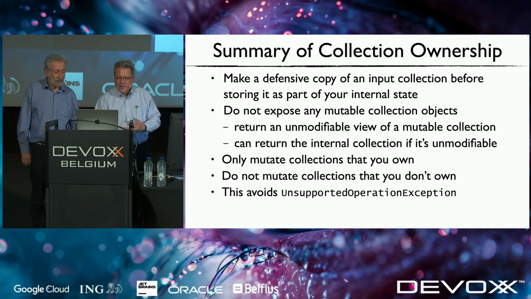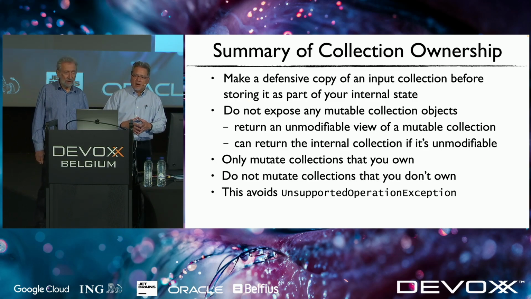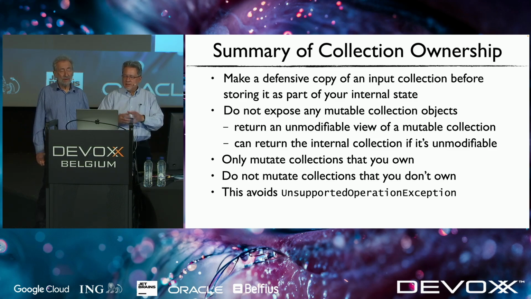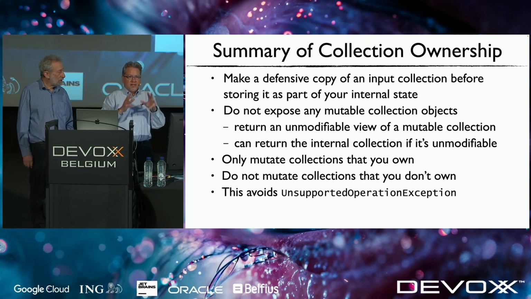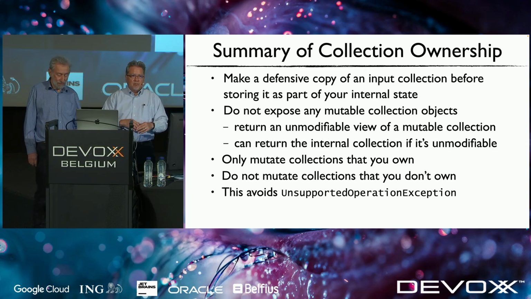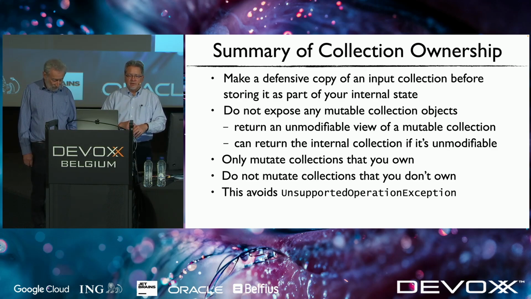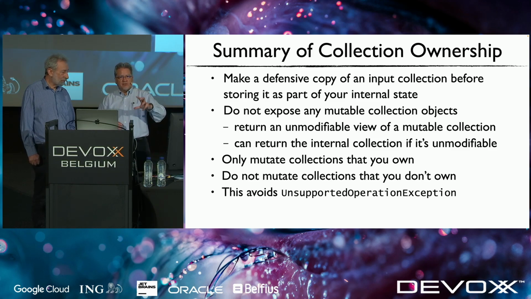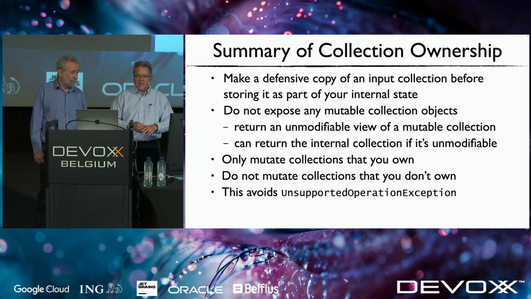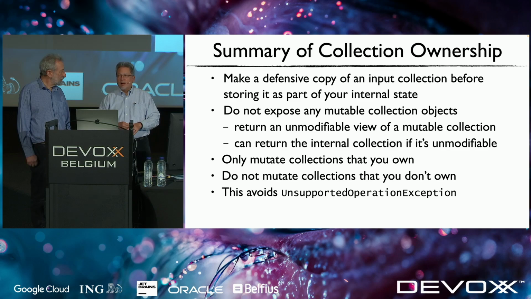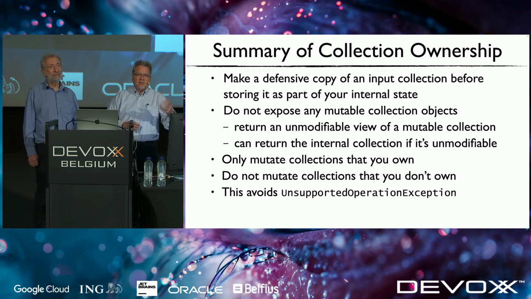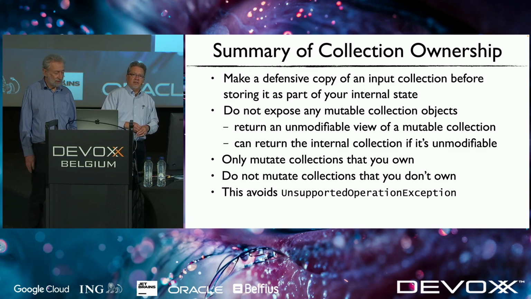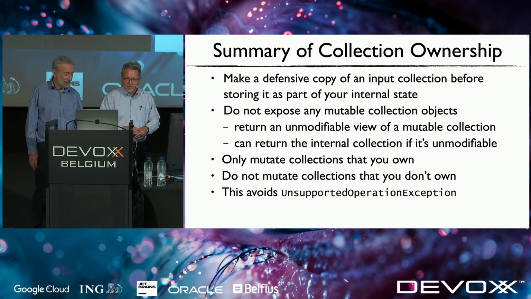All right. So let's summarize this section here. Our general policy is, and like you were saying, this does apply to records, but it applies to general classes as well. If somebody is passing you in a collection, and you want to store the elements of that collection, you need to make a defensive copy of it. Otherwise, the caller can retain a reference and modify things out from under you.